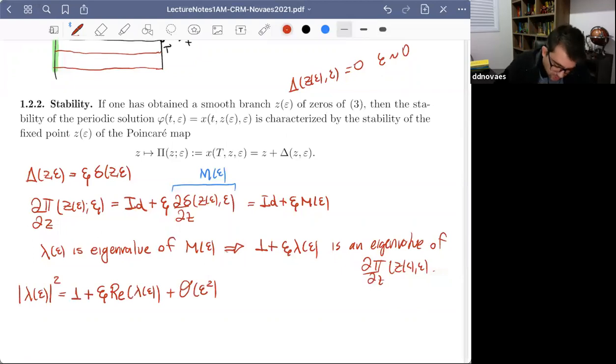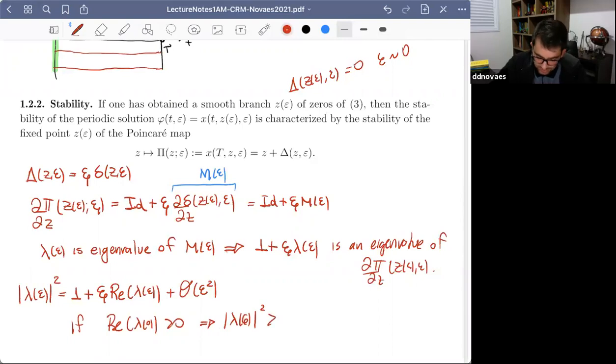So if, for instance, the real part of lambda 0 is positive, then the modulus of lambda epsilon is greater than 1 for epsilon sufficiently small.